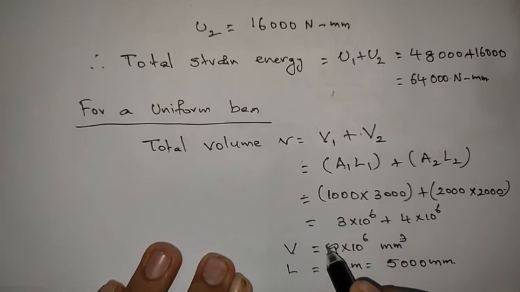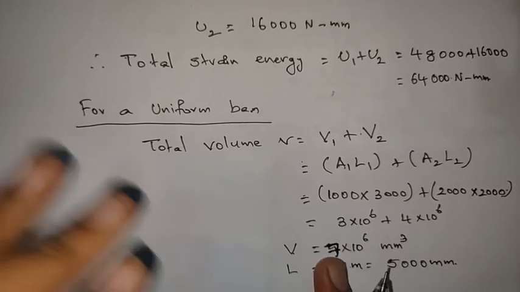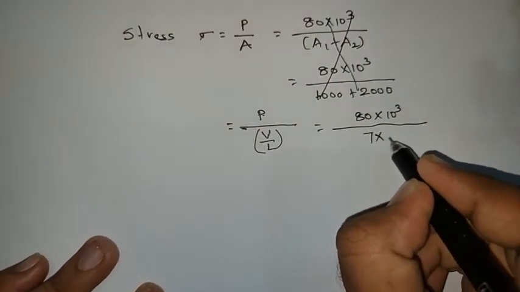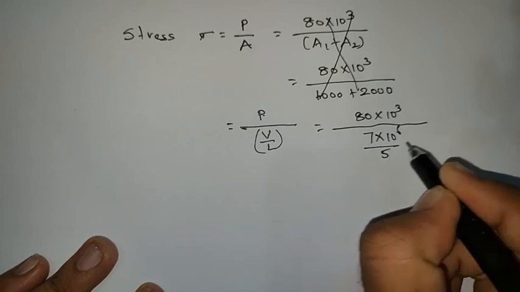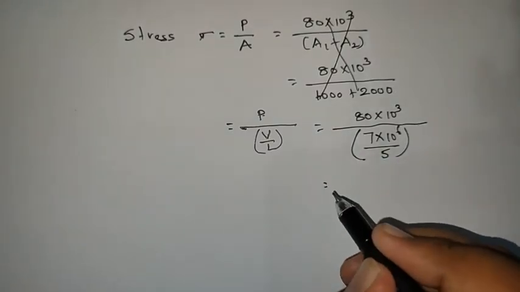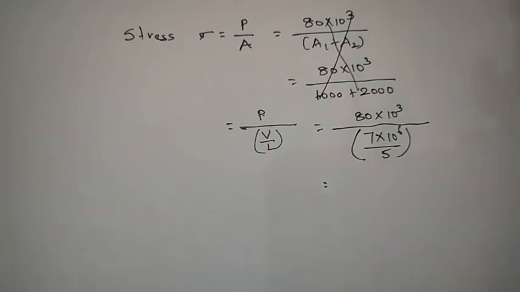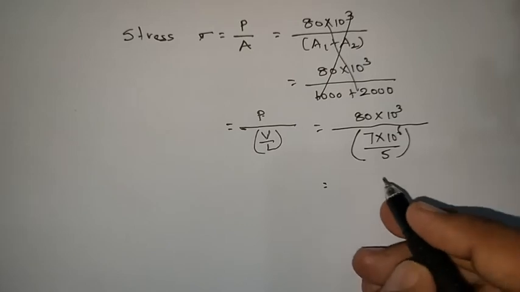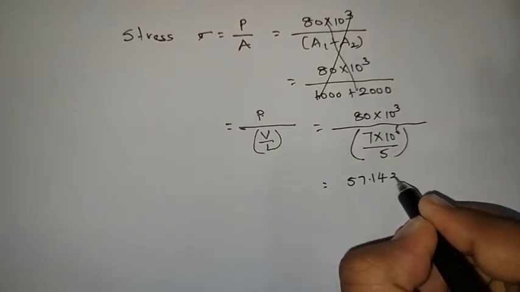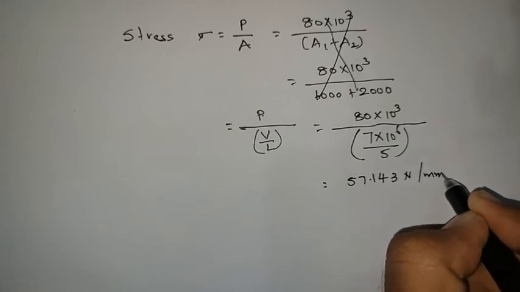So it is not 9, it is 7 into 10 power 6. Okay, now substitute 7 into 10 power 6 divided by 5. So then you will get the area. So the value of stress induced will be 57.143 Newton per mm square.